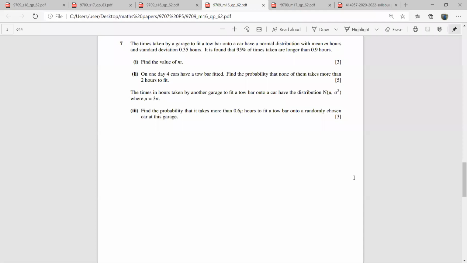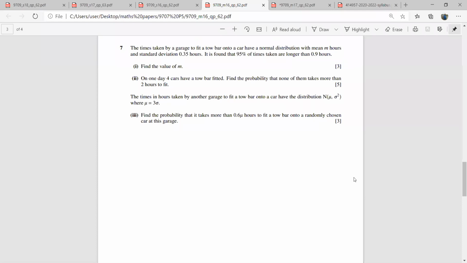The times taken by a garage to fit a tow bar onto a car have a normal distribution with mean m hours and standard deviation 0.35. So I'll start by writing that X is normally distributed with mean m and variance 0.35 squared.